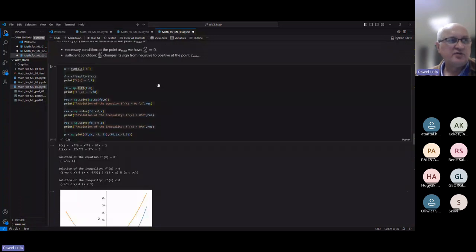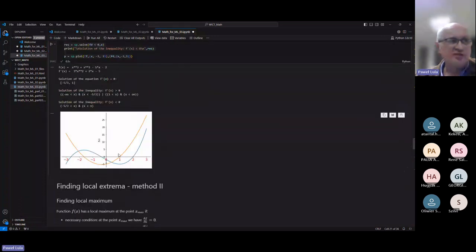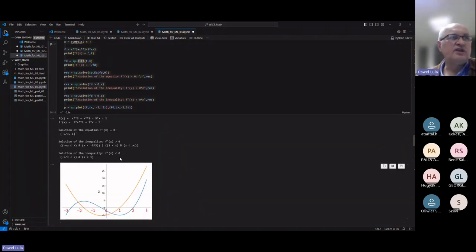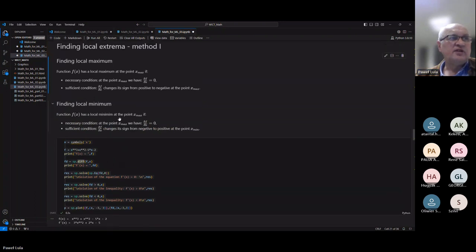So the first derivative is equal to 0. Here it is equal to 0, and here it is equal to 0. And when we are looking for a maximum value, we should check the sufficient condition.